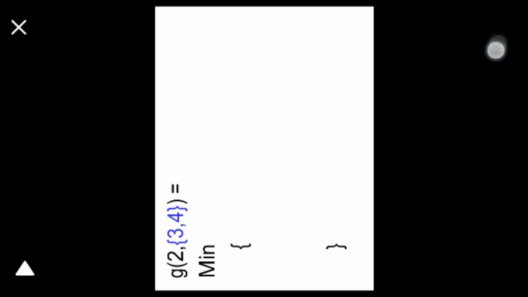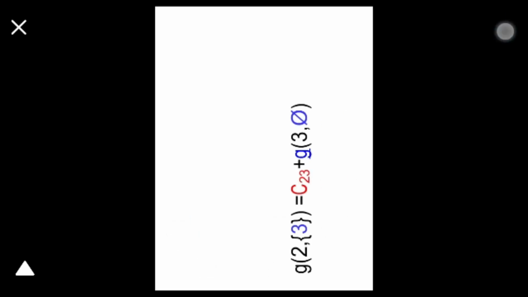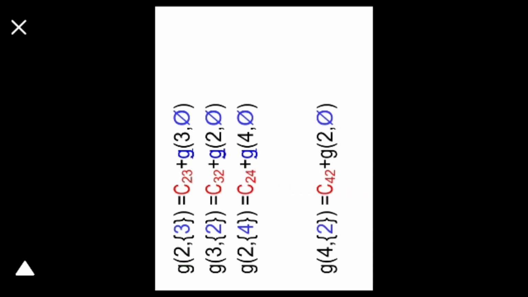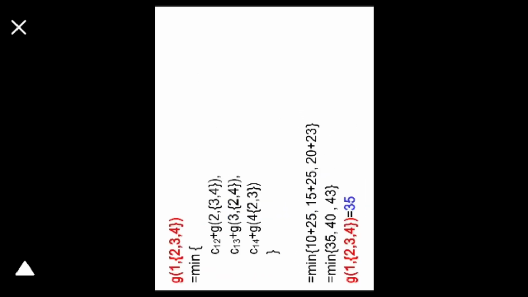So finally we can write the minimum tour as G of 1 comma 2 3 4, that is G of 1 comma 2 3 4 is 35. So like this we have computed the minimum tour for the traveling salesperson problem. Thank you.